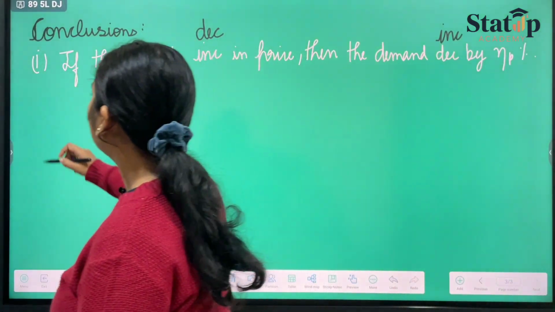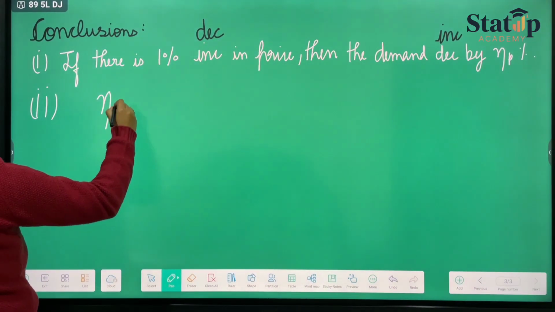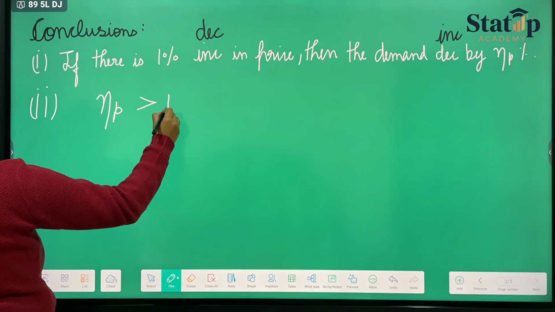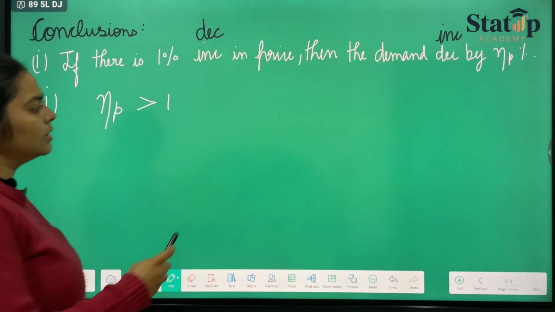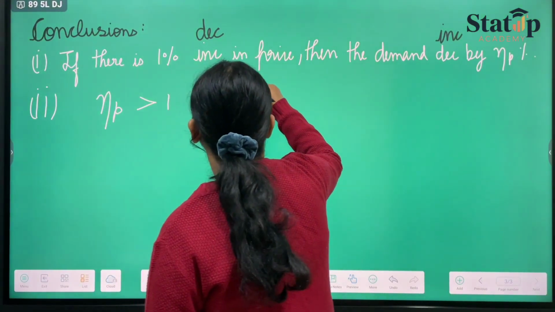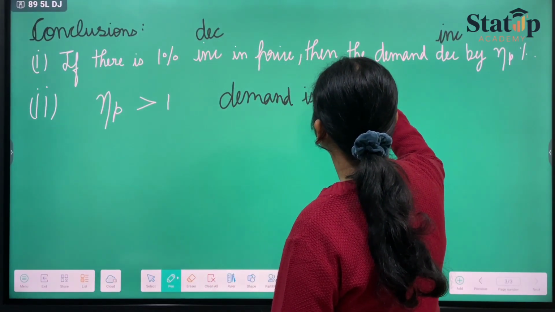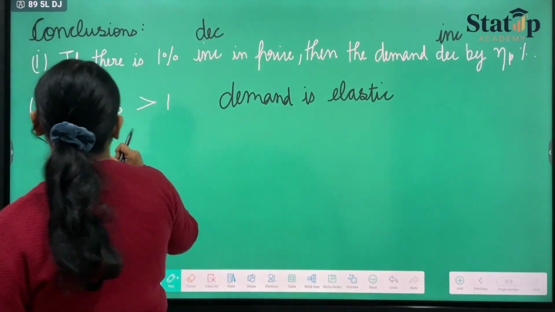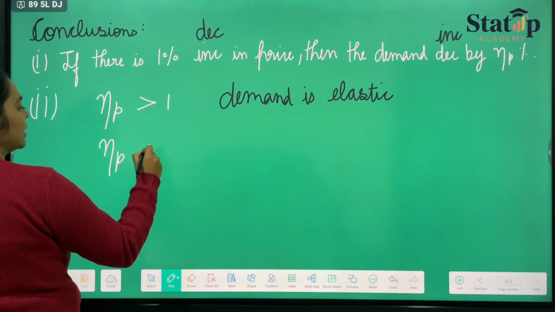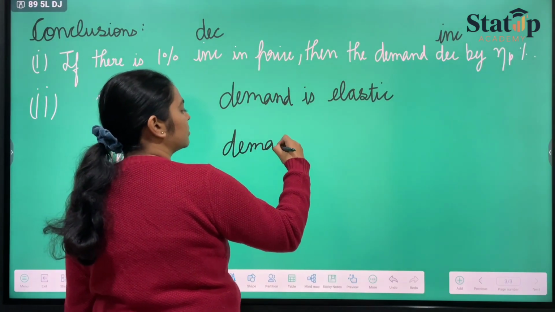Now the second conclusion is, if eta p is greater than 1, then we say that demand is elastic. If eta p is less than 1, then we say that demand is inelastic.